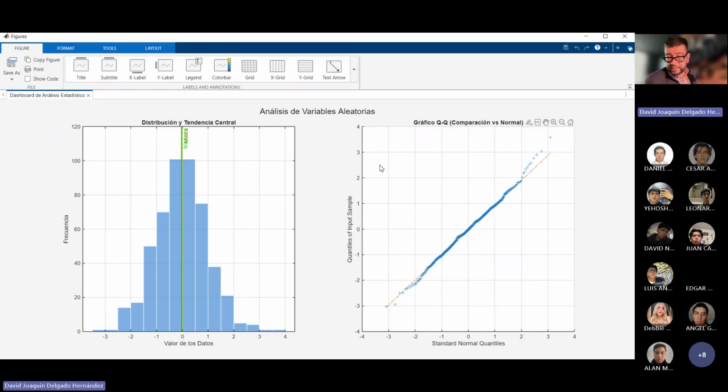Look, when I have a bell-shaped distribution of data, that can be considered as a normal distribution or Gauss distribution. Okay. And here you have a QQ plot where the red line represents the perfect normal distribution, and these blue dots correspond to the data that you actually have, right?